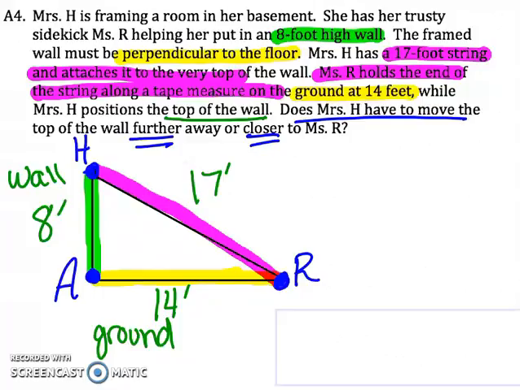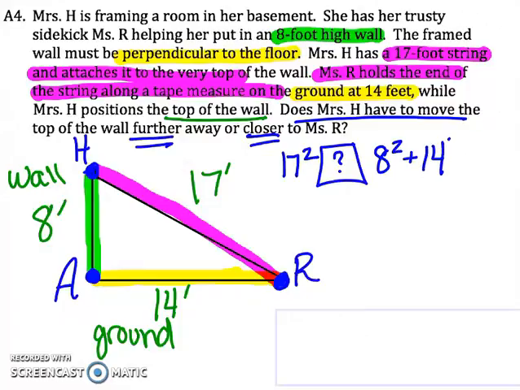To figure out what that angle is, I'm going to create an inequality. My longest side is 17, so I have 17 squared. I'm going to figure out, is that greater than or less than 8 squared plus 14 squared.